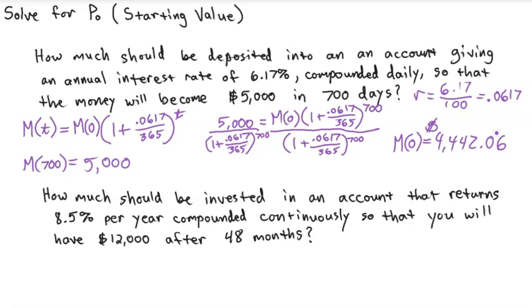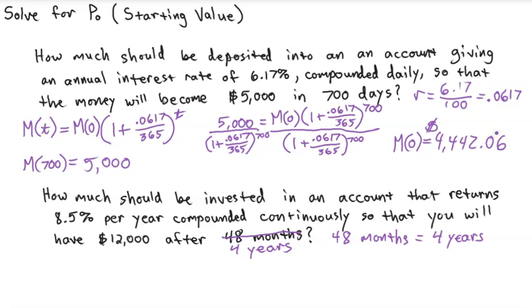So this time, instead of converting the rate into months, we're actually going to convert the months into years. We know that 48 months is equal to 4 years, okay? And so our time, instead of 48 months, we're going to say 4 years, okay? And so time is going to be 4.